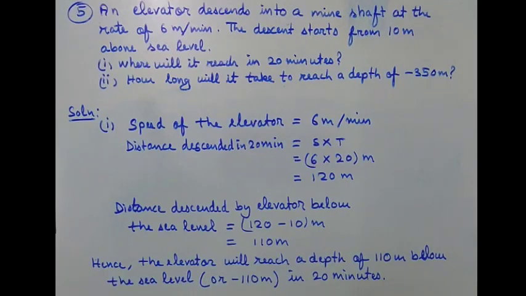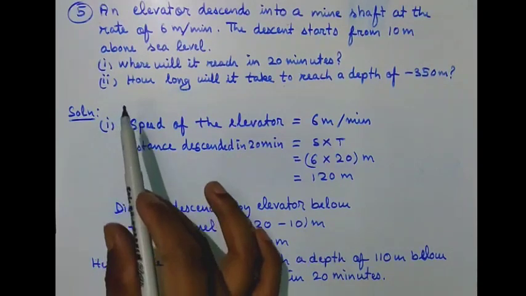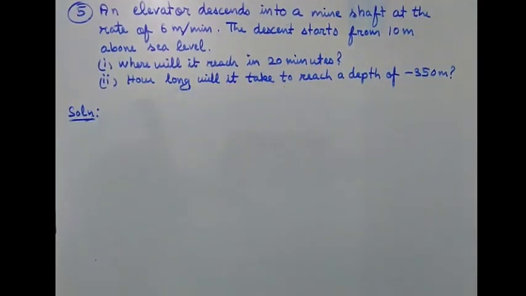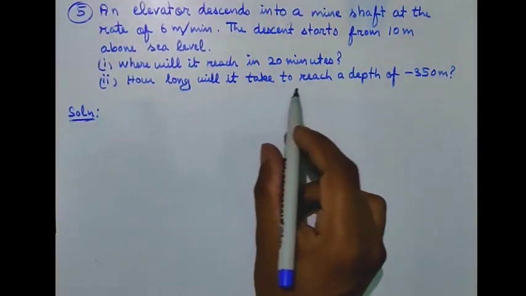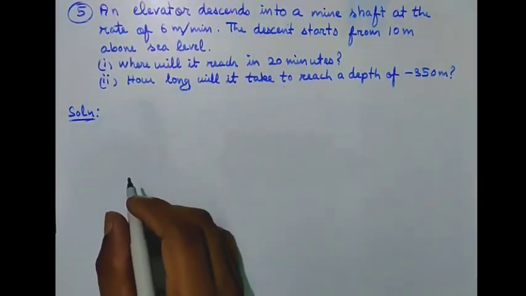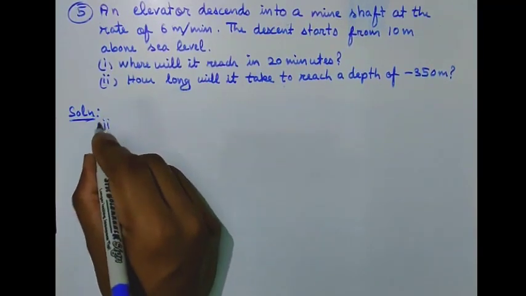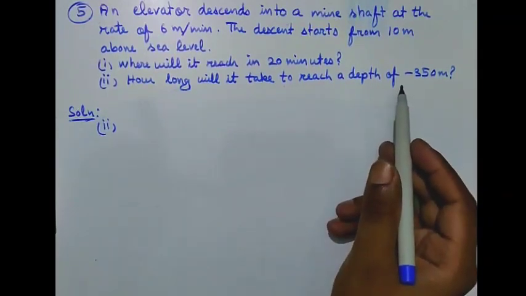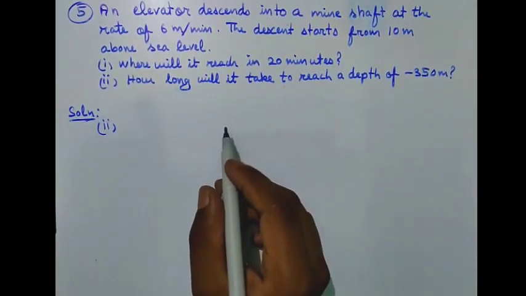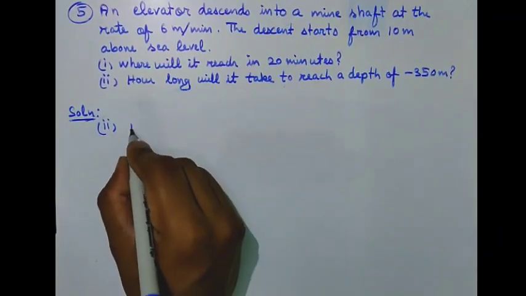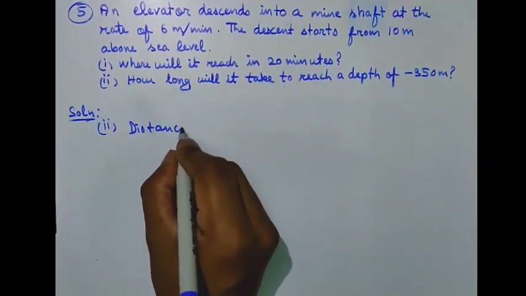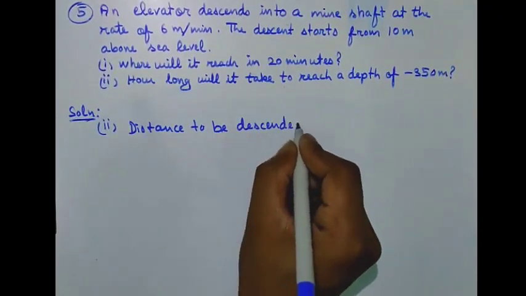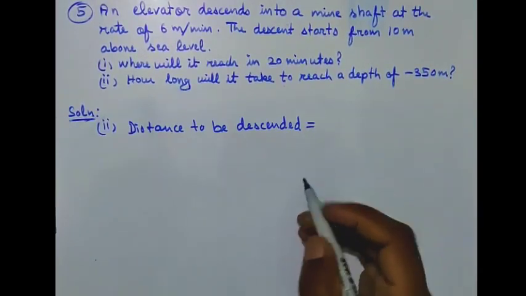Now let's look at the next part of the question. How long will it take to reach a depth of minus 350 meter? So what will be the distance that the elevator has to travel, or the distance to be descended? So you can say distance to be descended or traveled will be equal to how much?